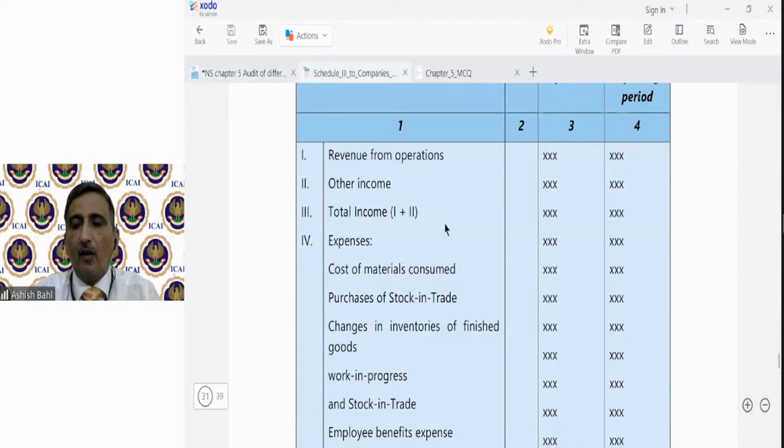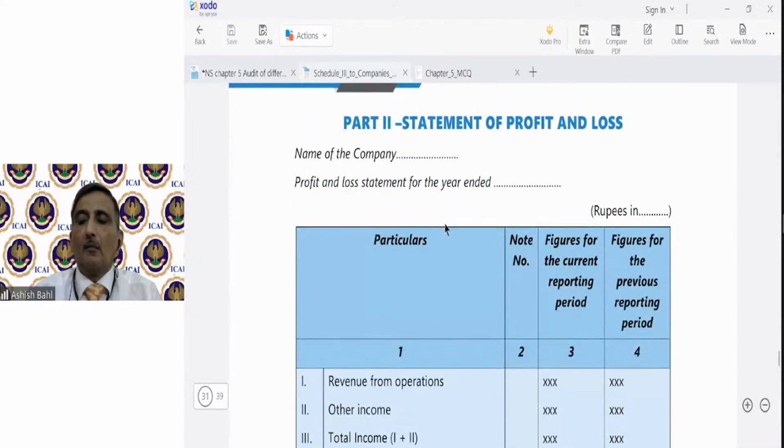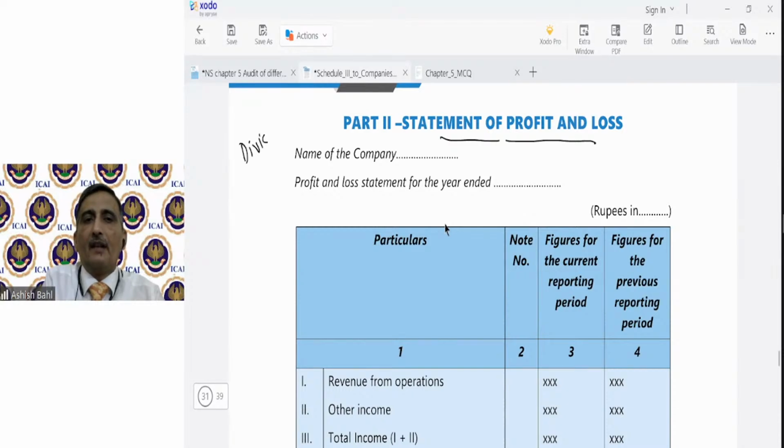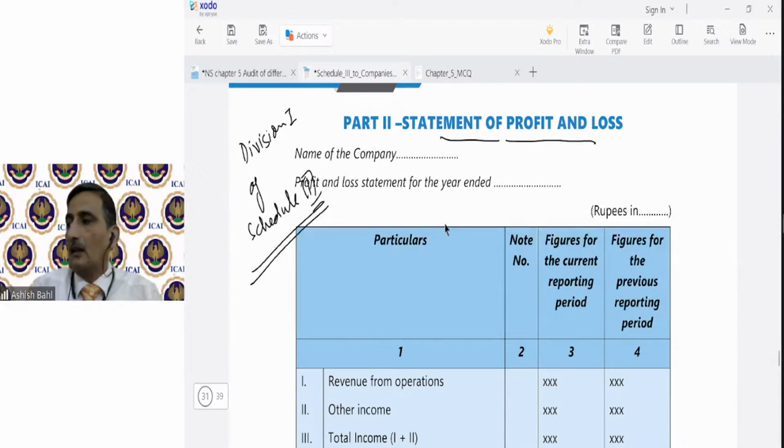So this is the format of profit and loss as contained in part 2 of division 1 of schedule 3. So it shows how profit and loss account of a company is to be presented and in what manner. And it also reflects how different items are to be stated.